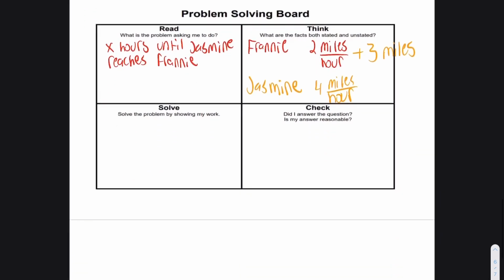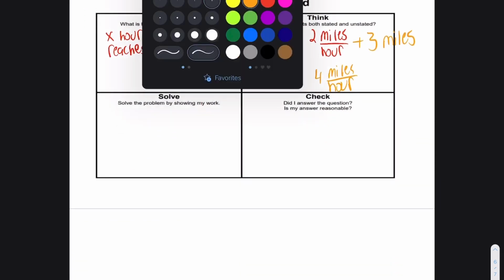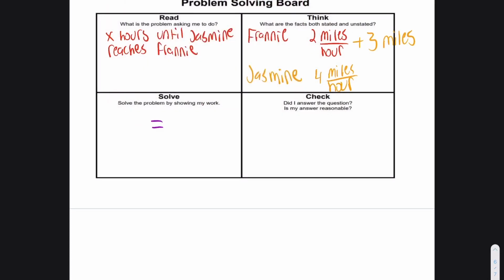Now let's take this and make an equation out of it. We want them to catch up and meet each other. If they're going to meet each other, that means we have an equation. On the left side of that equation, we're going to put all of Franny's stuff. So this is 2 miles per hour. And then our variables were hours, X hours.